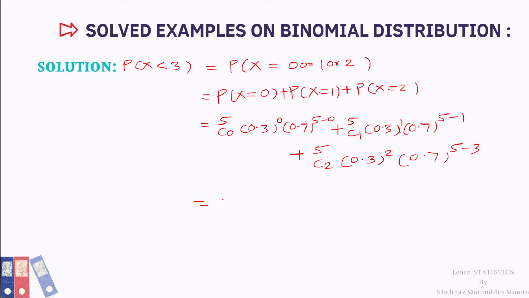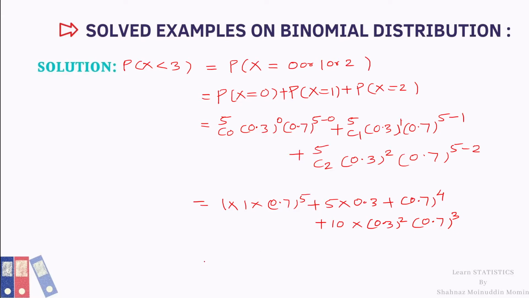Which is equal to 5C0 is 1, 0.3 raised to 0 is 1, into 0.7 raised to 5, plus 5C1 is 5 into 0.3 into 0.7 raised to 4, plus 5C2 is 10, so it is 10 into 0.3 square into 0.7 raised to 3.